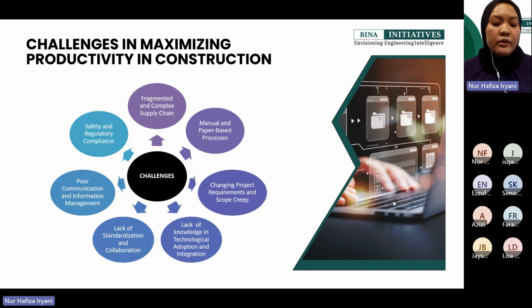Okay, so for every project owner, coordinating and managing these diverse participants can be very challenging, and it can lead to delays, miscommunication, and coordination issues when you don't have one single platform to manage all of these participants. All right. And then we move to manual and paper-based processes.